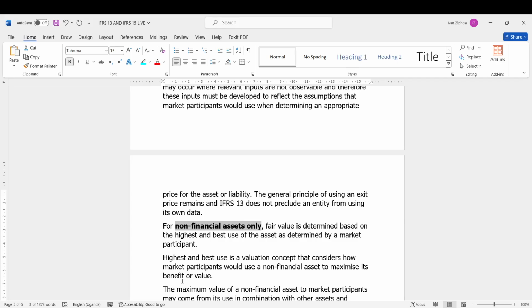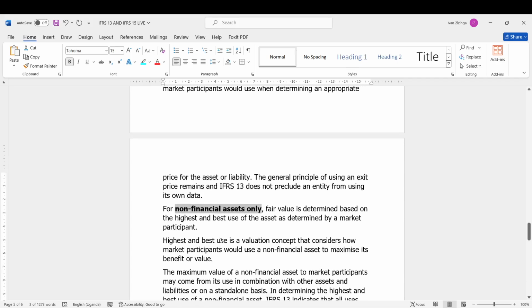The standard says, always look at the highest and best use. If other market participants are saying, for us to obtain enough returns from this land, we should use it for agricultural purposes, then you cannot value it using residential purpose. That's why we are saying that it is always determined based on the highest and best use of the asset.